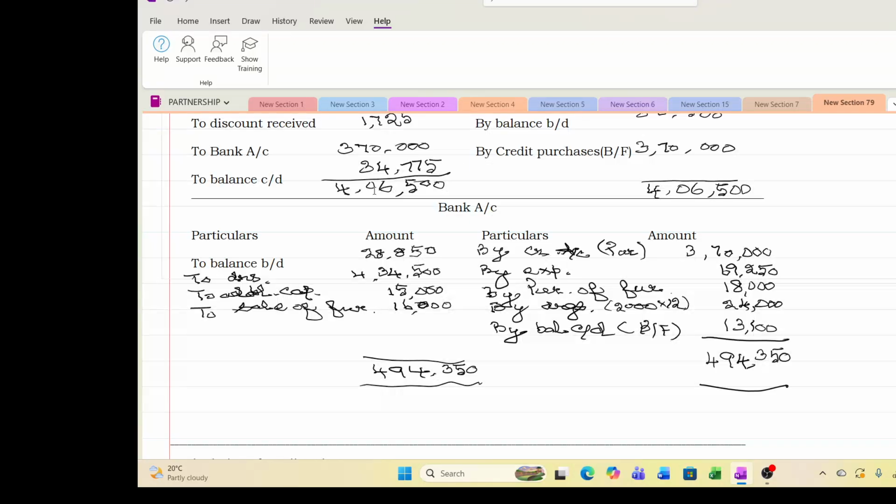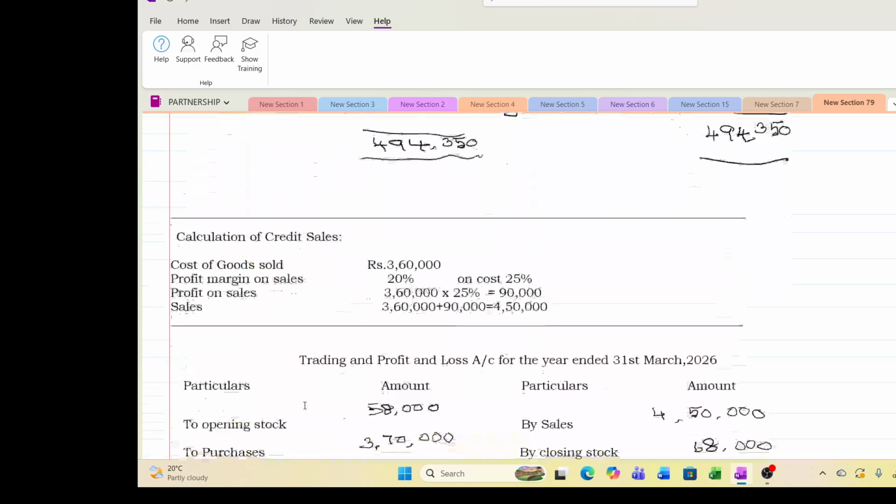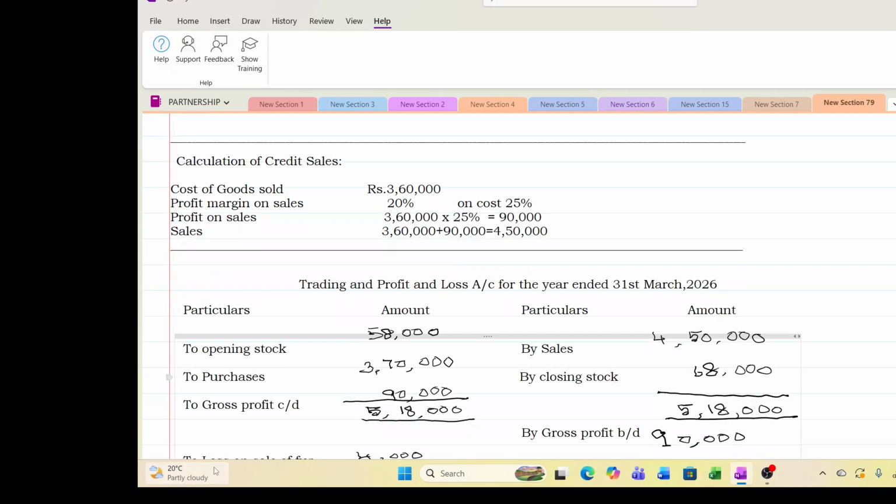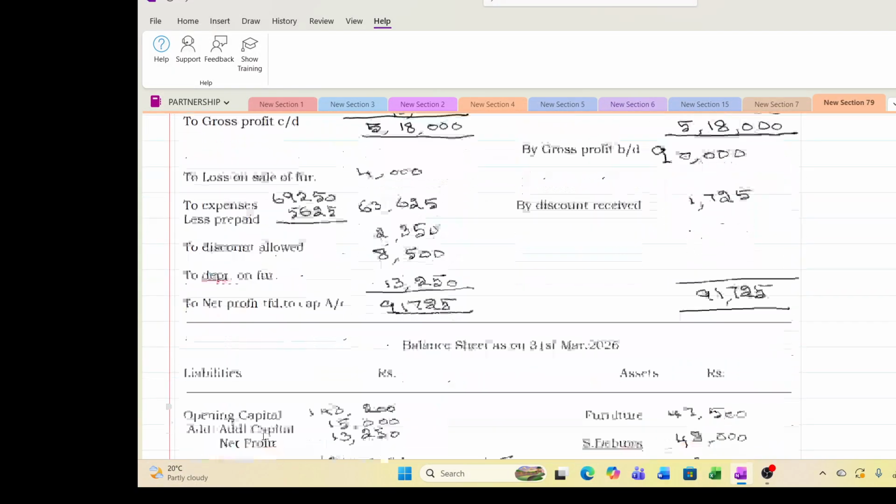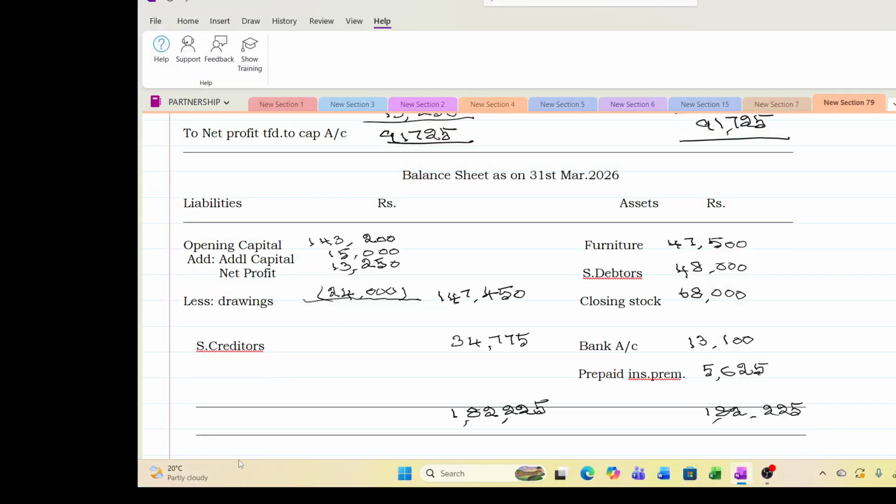Now coming to the bank account. Next to close is the bank account. When you close the bank account, we see that the closing balance comes to 13,100. So we have to write this in our current balance sheet. Don't forget to write it immediately.